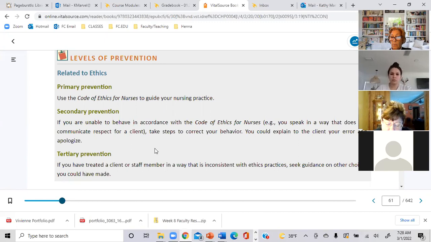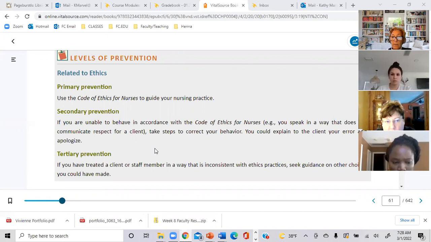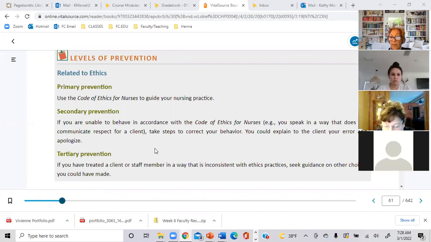So what would a tertiary level prevention be for this particular situation? Maybe re-education of what the code of ethics is, maybe discussing potential negative outcomes that come with not following the code of ethics. What else?